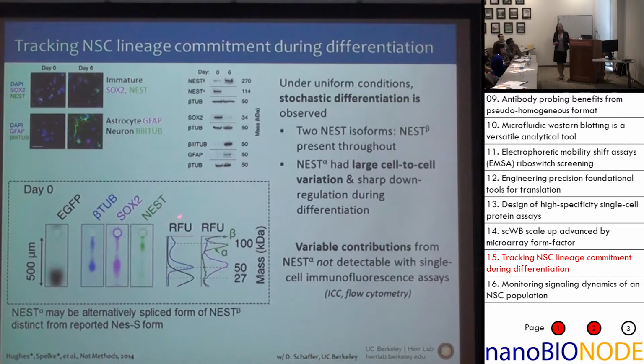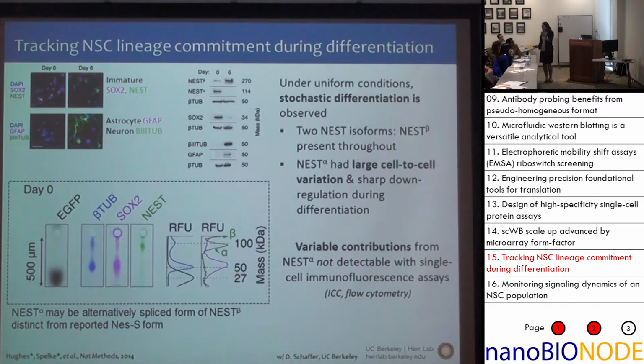Intriguingly, this particular marker of neural stem cell differentiation, so a lineage, is nestin, is the name of the protein. When we look closely at the results for the nestin protein, we found, and here's the distance, and this is the fluorescent signal, there were 2 peaks, so they're both green here, that are associated with nestin. It turns out there's what looks to be an unexpected isoform or complex of nestin with another protein that migrates at a different molecular weight than we would expect. So if I did flow cytometry, I would never see that.